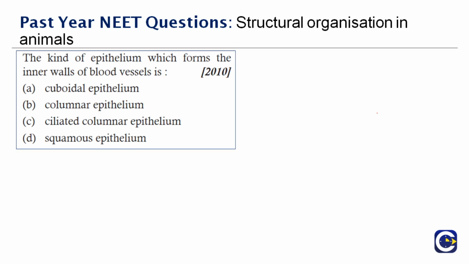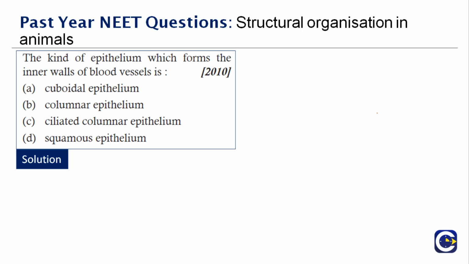Next question. The kind of epithelium which forms the inner walls of the blood vessels. You are given 4 options here: cuboidal, columnar, ciliated columnar. We discussed in the first question that each organ has a particular lining. Epithelium is nothing but the lining that is provided for the organs.